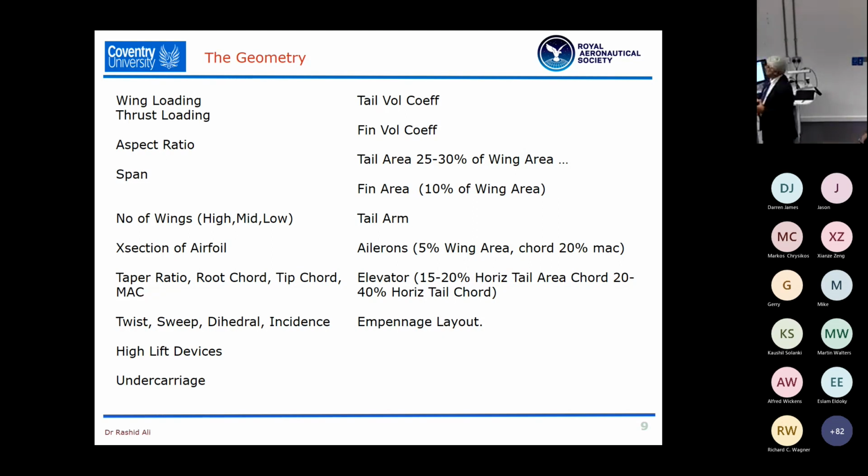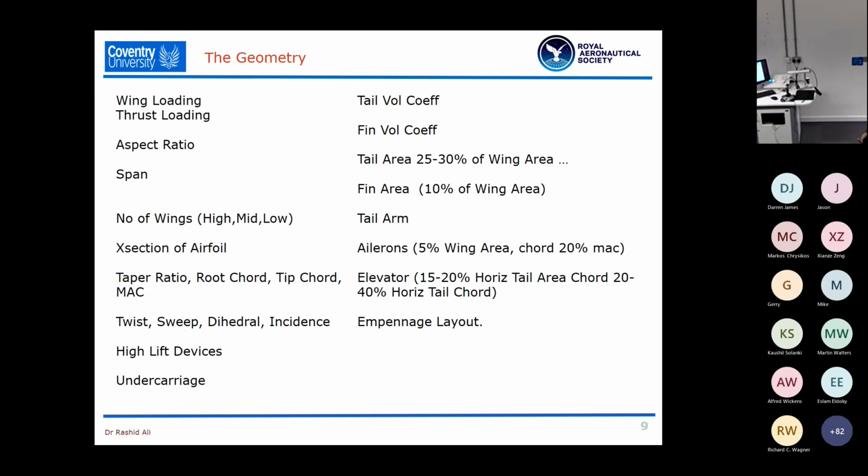Now, to do that, we would need a choice of aspect ratio. Now, aspect ratio, as you know, can define your induced drag. So the greater the aspect ratio, the lower the induced drag. So the choice of aspect ratio then is important.